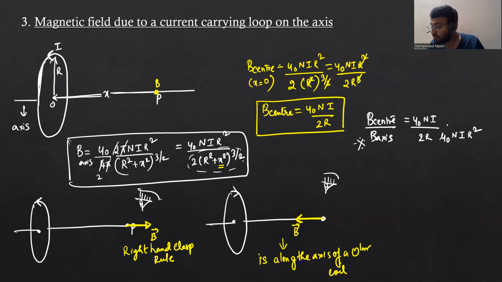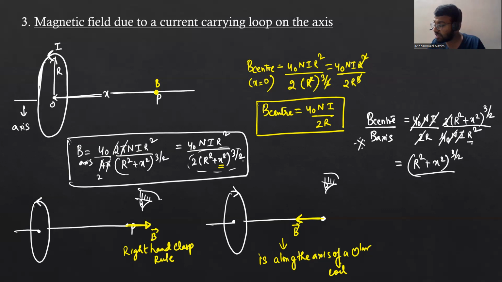So be very careful while solving this: 2 into r square plus x square the whole power 3 by 2. Mu naught N i will cancel, 2 and 2 also will cancel. Therefore, this is r square plus x square the whole power 3 by 2, and r square into r is nothing but r cube, isn't it?